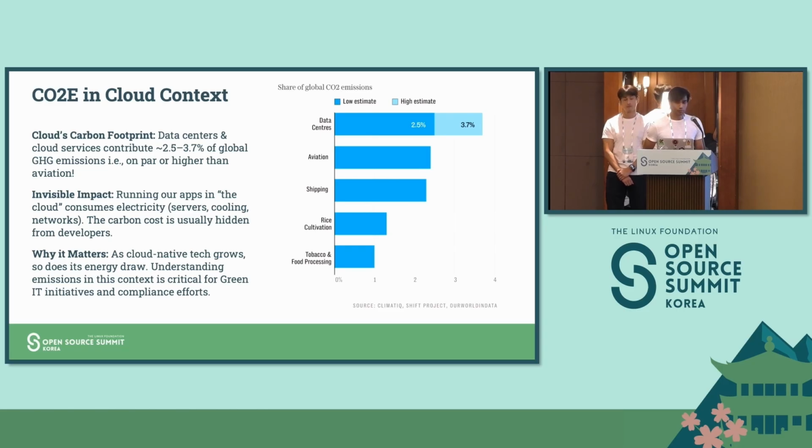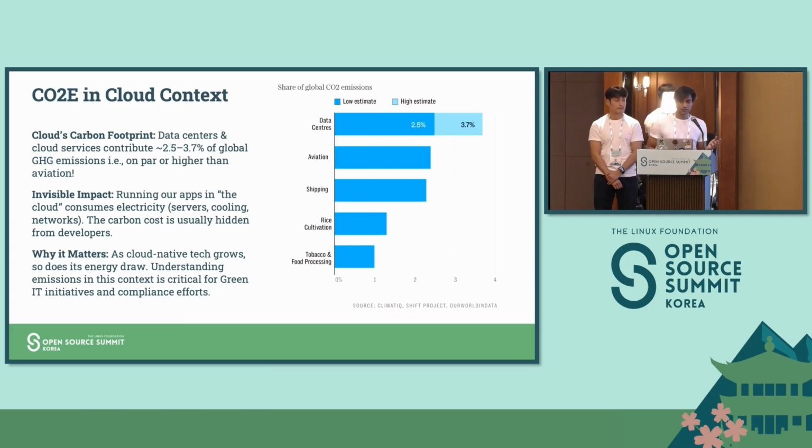If you compare it with the aviation industry, it is on par with that, as aviation is also around 2.5%. So basically, when we deploy an app in the cloud, it causes the same pollution as airplanes flying people around the world. Can you even think of that comparison?